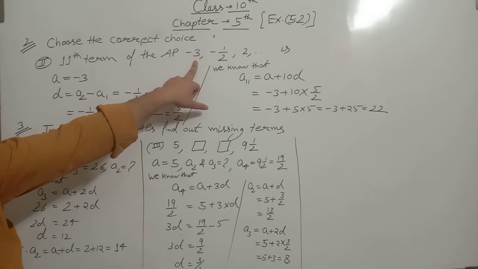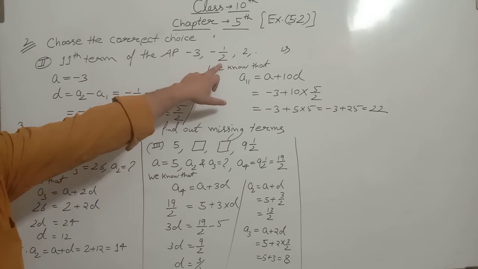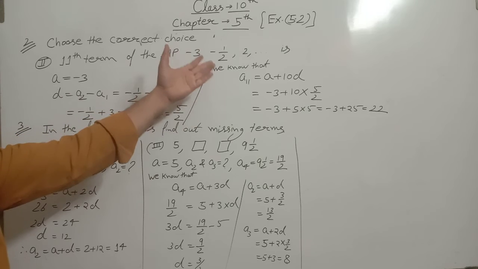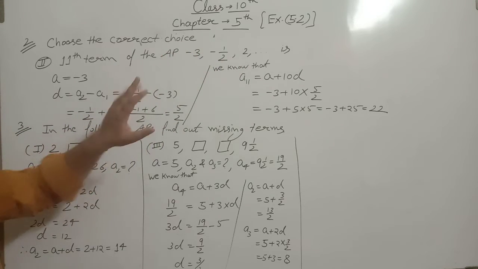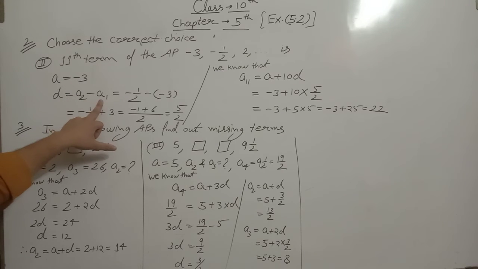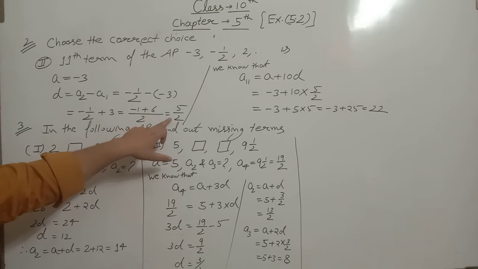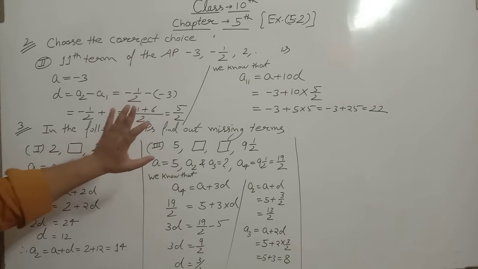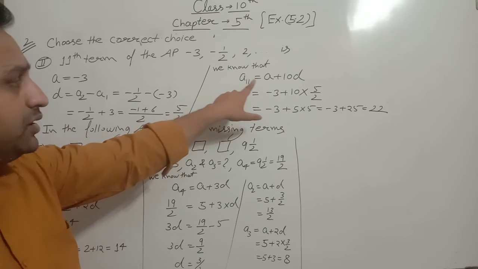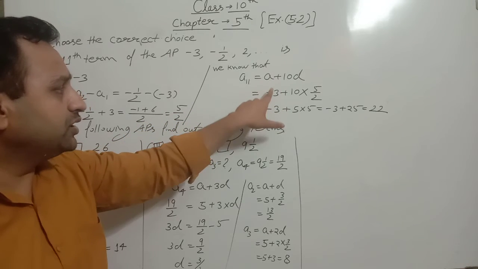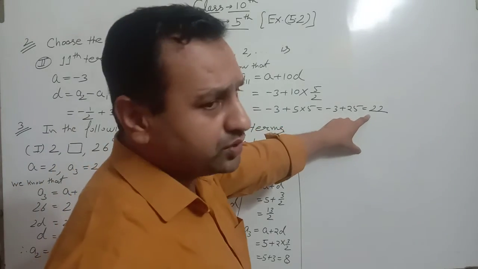We consider a equal to minus 3 and find out d, second term minus first term. We also can do third term minus second term. It's your choice. Second term minus first term, and the calculation answer is 5/2. Now find out a11. 11th term means a11, a plus 10d. Put the value of a and d and now calculate. The answer is 22.